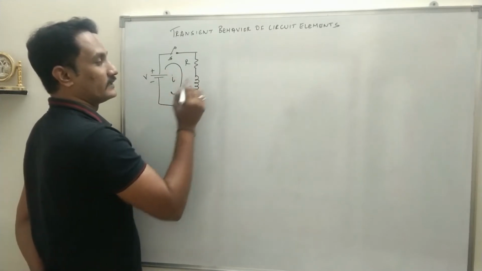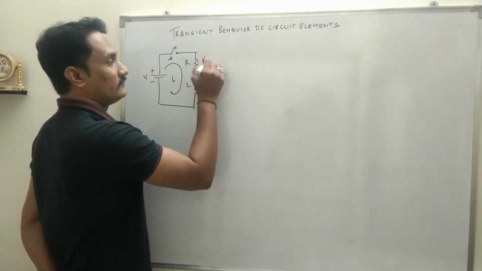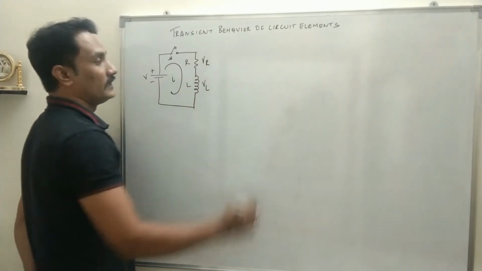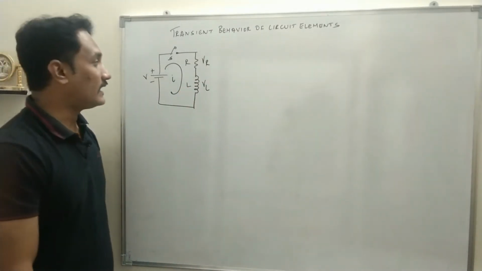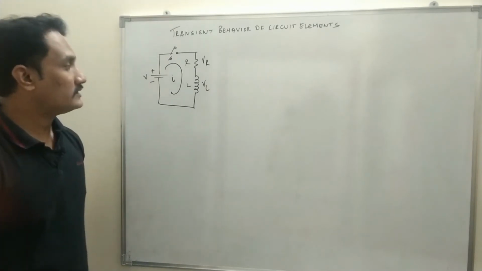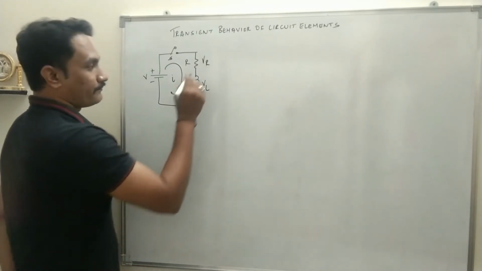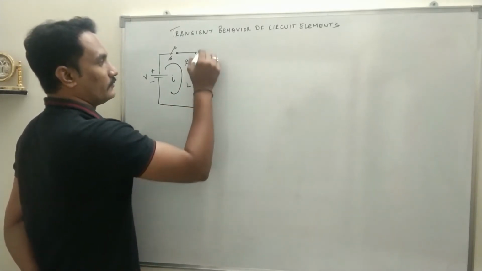Let that current be I. And when current flows through this resistance and inductor, a potential will be developed. Let the potential across resistance R be VR, and let the potential across the inductor be VL.